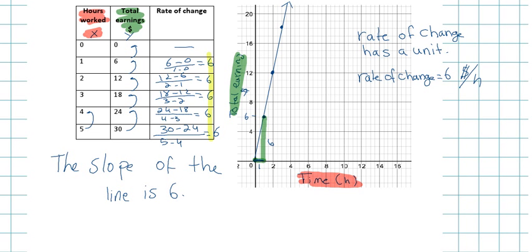When you write the answer, you must always include a unit next to it. And the unit is basically the unit of the y over the unit of the x. Dollars per hour.